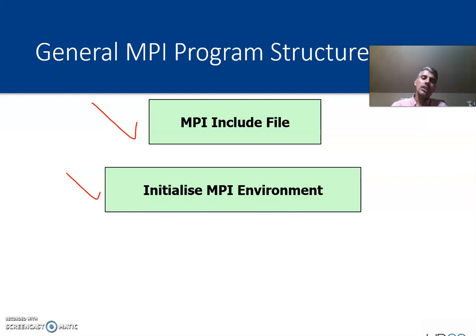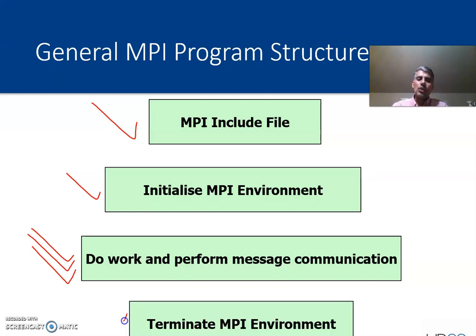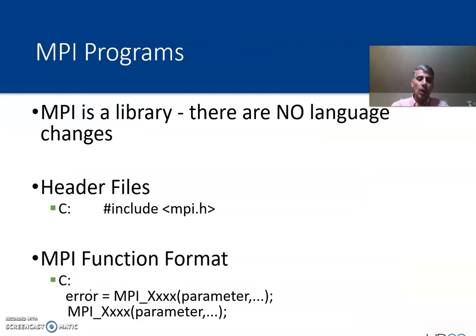Without these initializations, your program cannot work. Then we have the main part of the code, where the communication happens between the different parts, and the main logic of your program is located. And eventually, we have the termination part where you say, I'm not going to use MPI anymore from this point onwards.